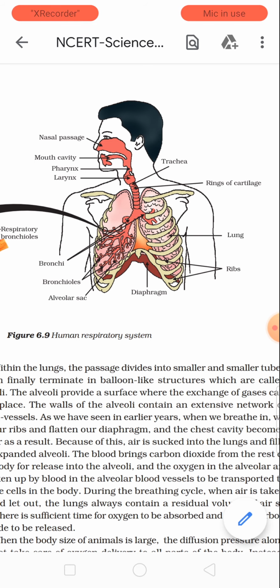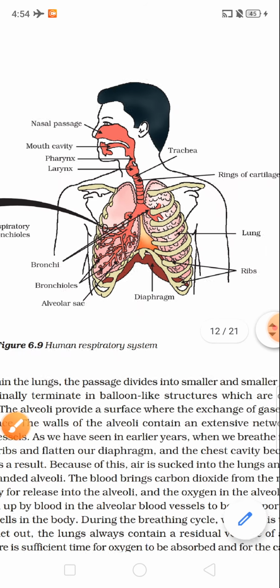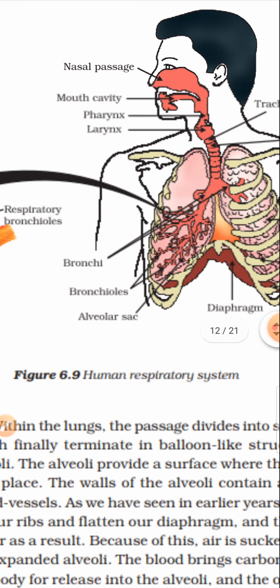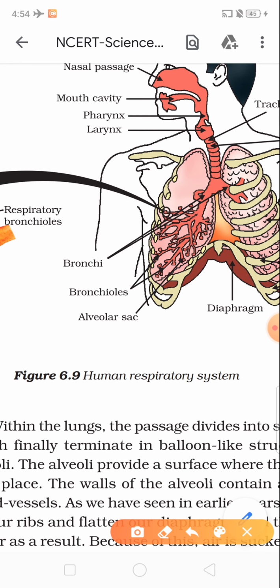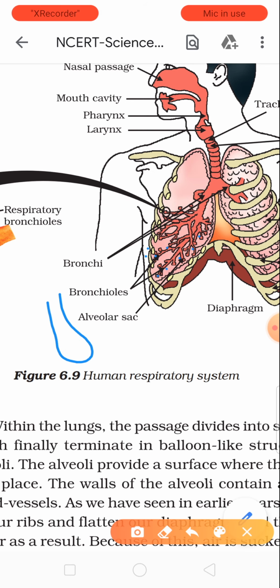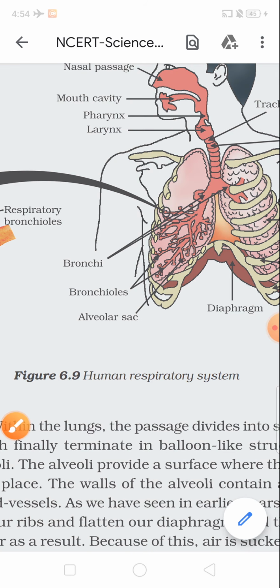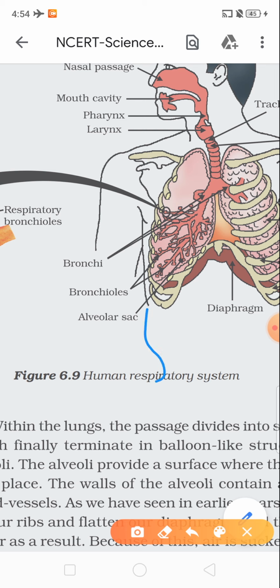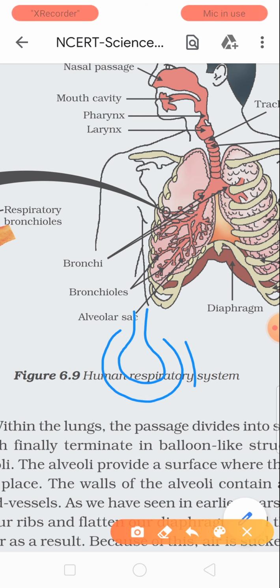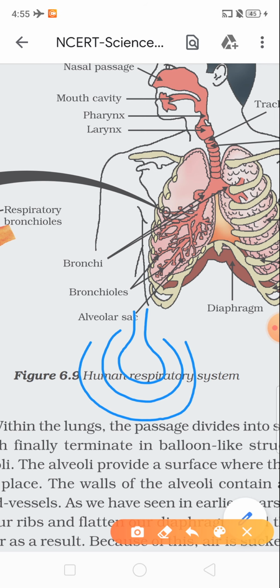I'll just zoom that part once again for you. Here you can see we have different alveolar sacs, and all these alveolar sacs will be lined by capillaries.